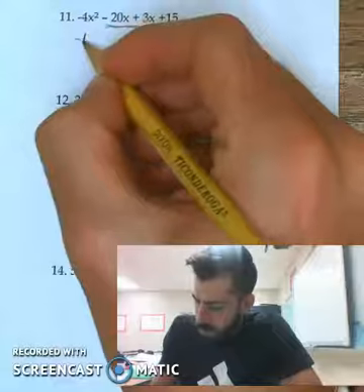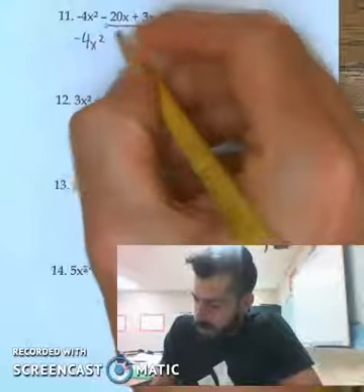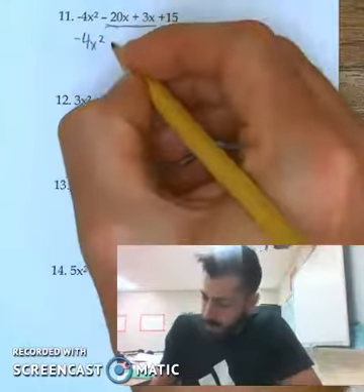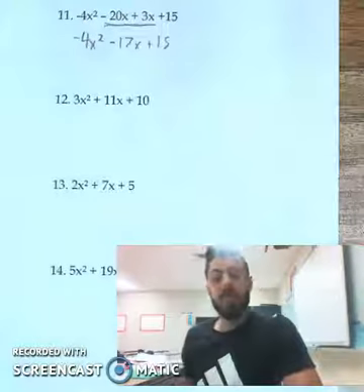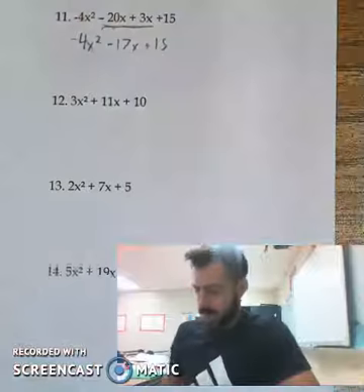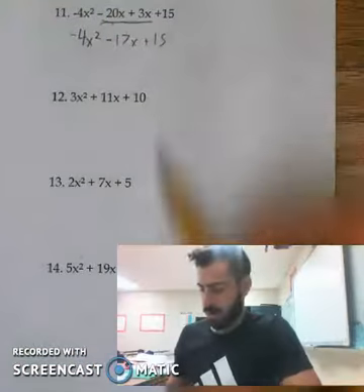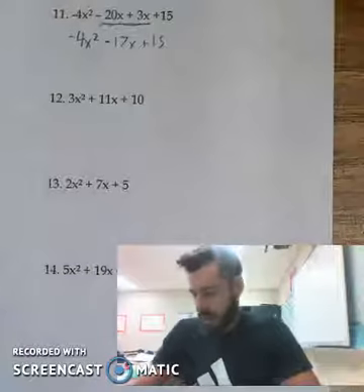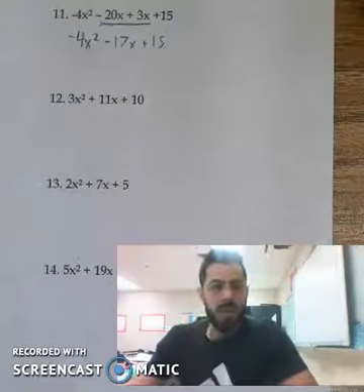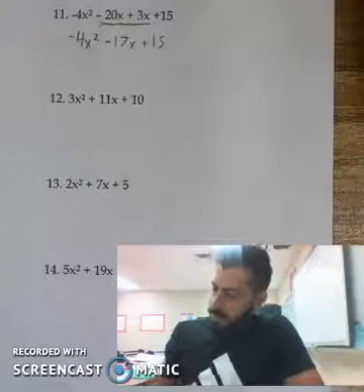We could rewrite this as negative 4x squared minus 17x plus 15. Except that wouldn't really help us because now we have a problem that looks like all of these. And we're trying to go the other way. We're sort of unsimplifying, if you will. So let's see what we can do.